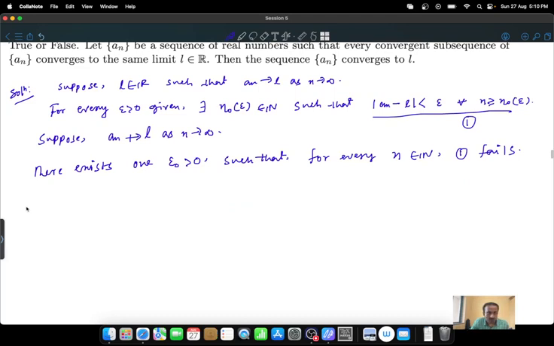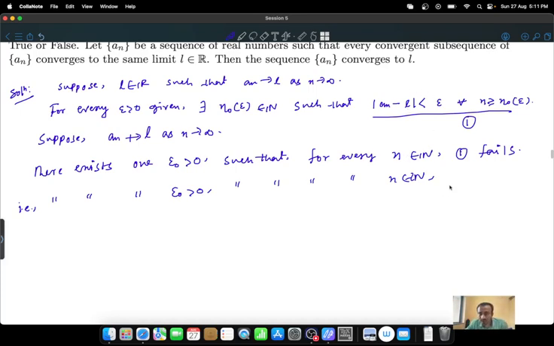So let me write from here, that there exists an epsilon greater than 0 such that for any n belongs to N, this has to be false. And what is the condition? That the difference between an and L is smaller than epsilon for all n greater or equal to n epsilon. So this should not happen. That means you should get at least one number bigger than this such that this is false.